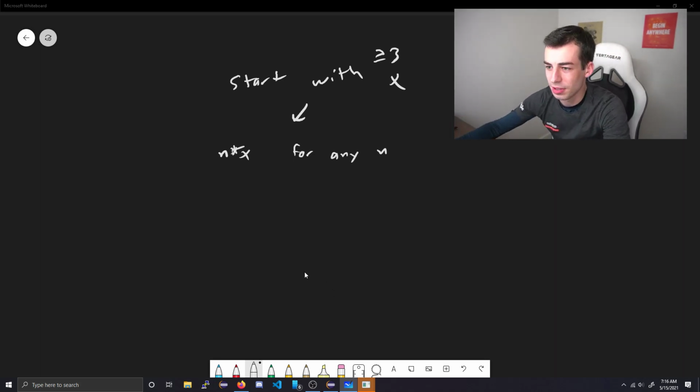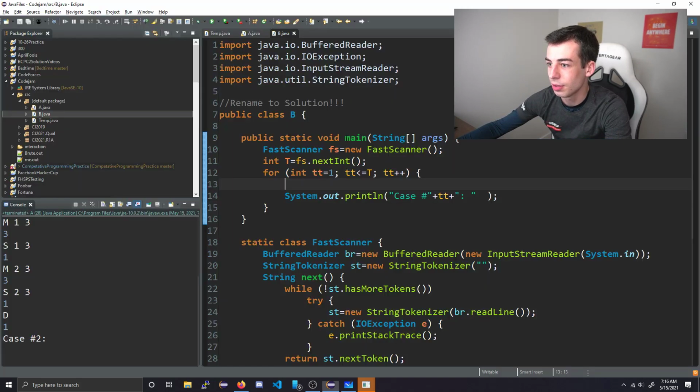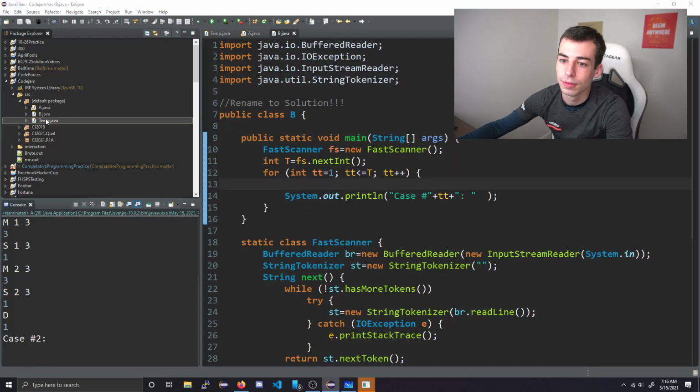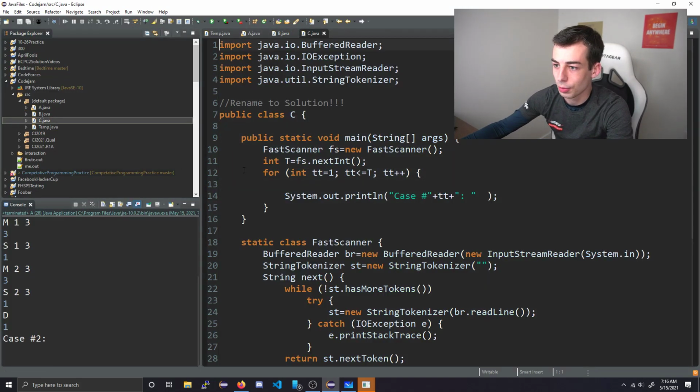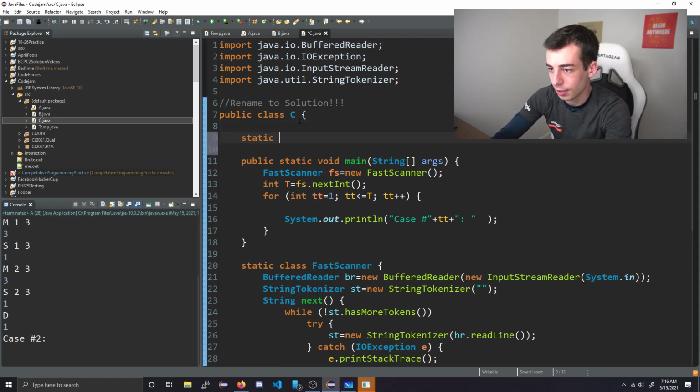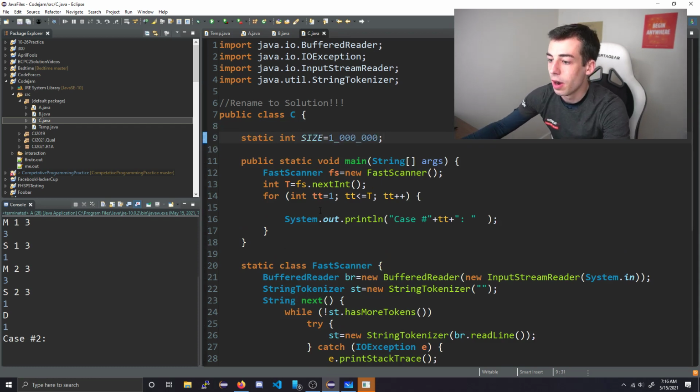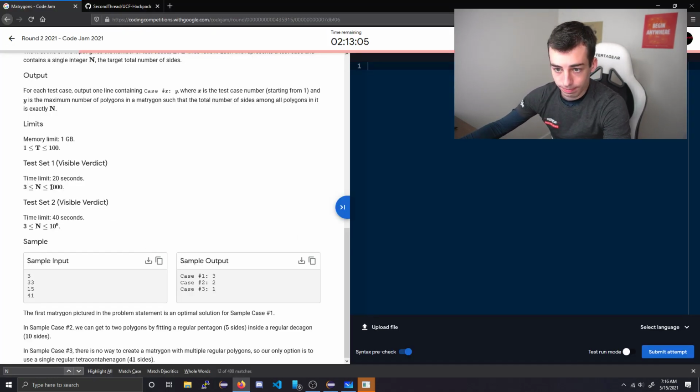Oh, I think this might be the same thing. Is it the same thing? Might be. Might be like prime C. Okay. So static int size equals 10 to the 6. Then what?